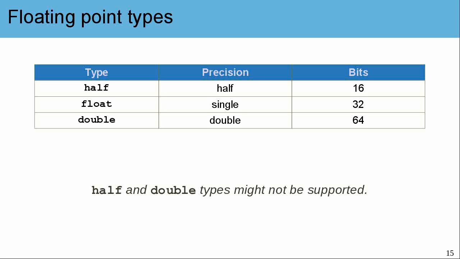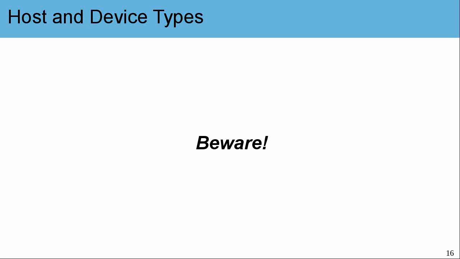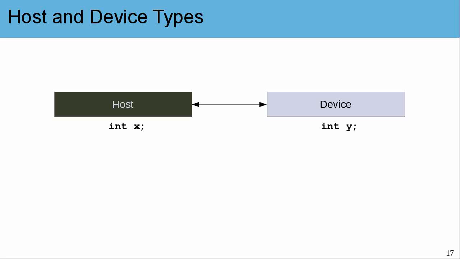But I want to point out something right away, which is to beware of host and device types. When I'm talking about OpenCL C integers, I'm talking about something that is running on the device, and there's a standard representation for that. So let's look at an example here. Let's assume that I have some host program where I declare, let's say it's in C99, int x. On the device, I say int y in OpenCL C. Can we copy the value of x into y?